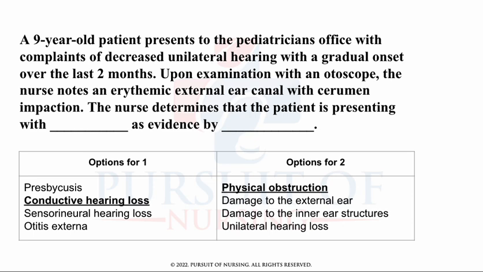Conductive hearing loss can also be caused by a tumor or an inflammatory process. Again, in this case, it's the cerumen impaction. Sensorineural hearing loss is caused by a pathologic process. So this is damage to the inner ear structures or prolonged exposure to loud noises. And then you should know and recognize that presbycusis is a hearing loss that is associated with aging.